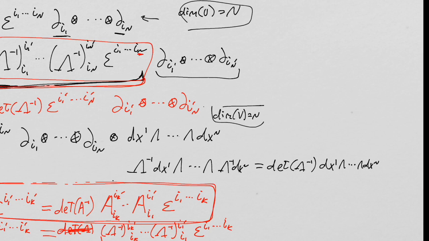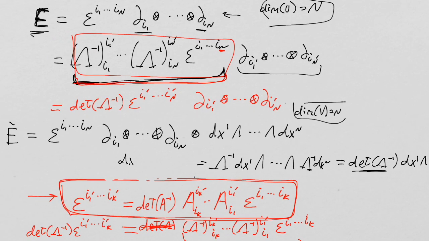In this case, I'm using the contravariant coordinate change, so the determinant of the contravariant one comes out front. And of course, this thing is equal to dx1 prime wedge dxn prime.